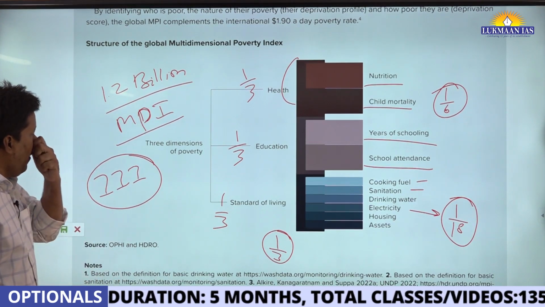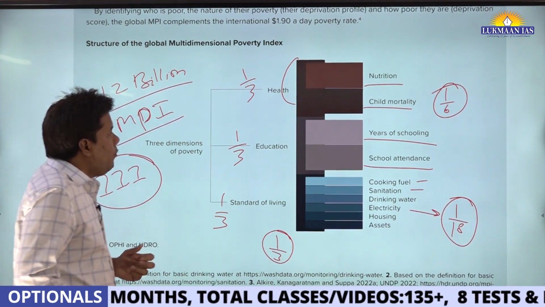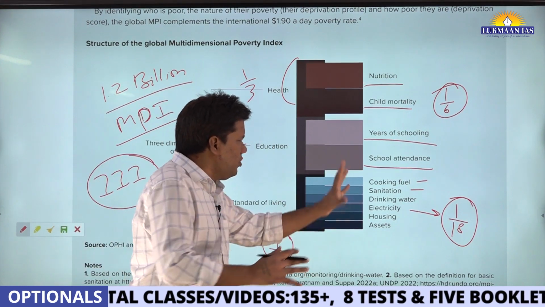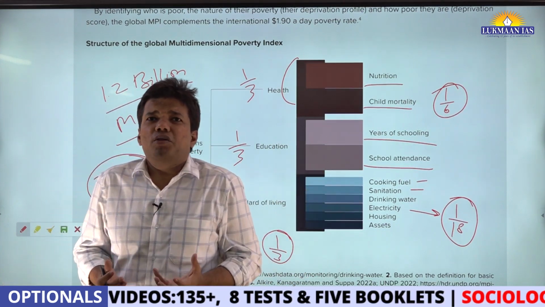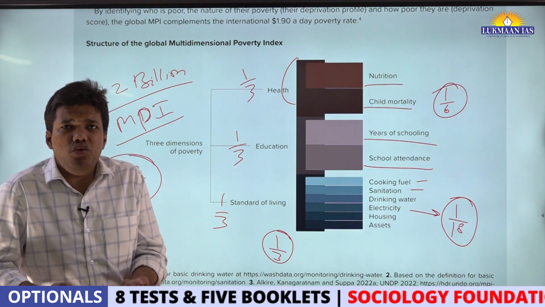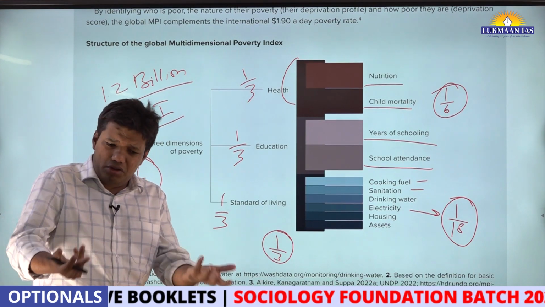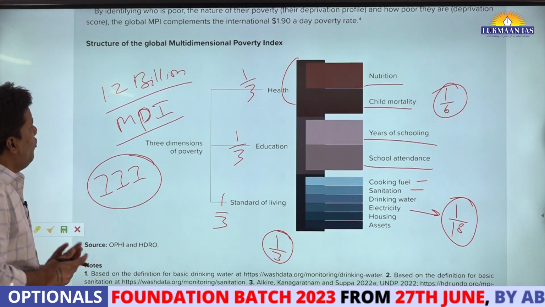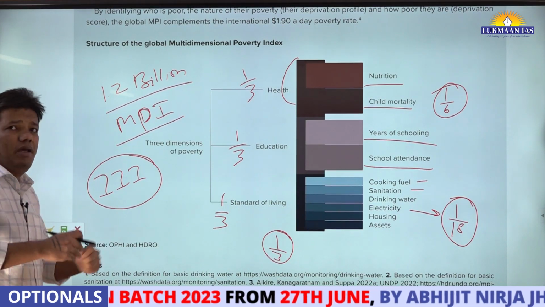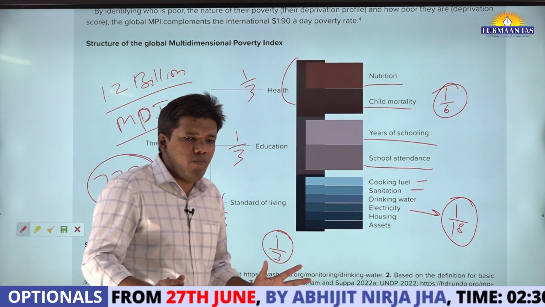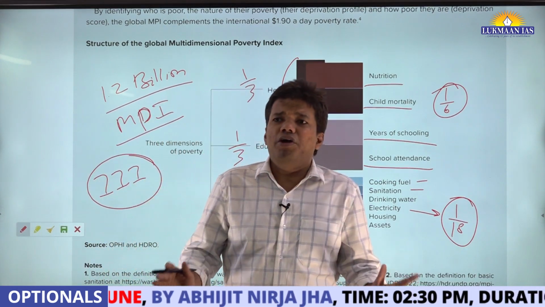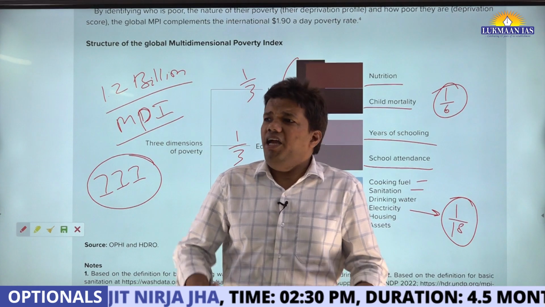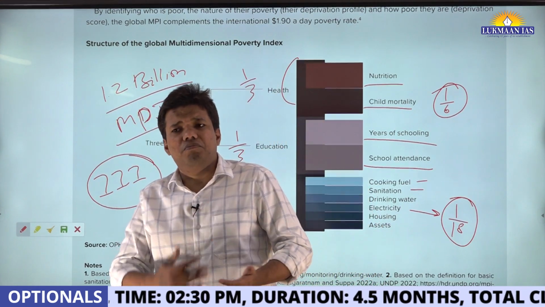Fine. Now, this is all information, this is fact, from this report. Now the point is what is the idea which you can use in your essays or your GS3 or GS2 mains copies. First, you can discuss the idea of MPI. You can say measuring just monetary poverty is not sufficient. India has done a long journey.